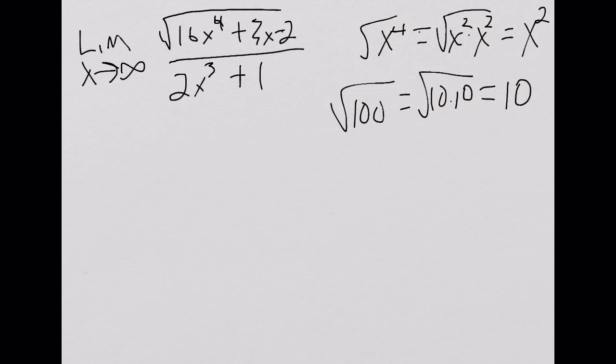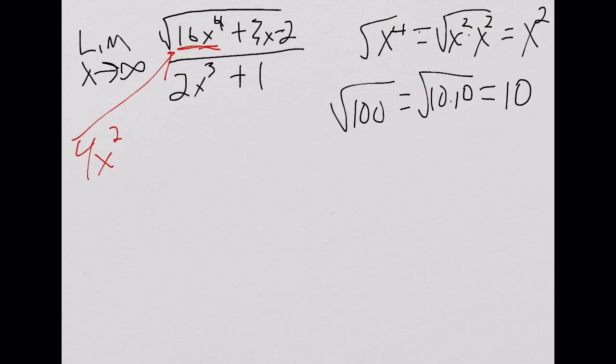So that means that when I compare this to the bottom, it doesn't act like an x to the 4th or even a 16x to the 4th. It acts like a 4x squared. And the 4 comes from the square root of the 16.